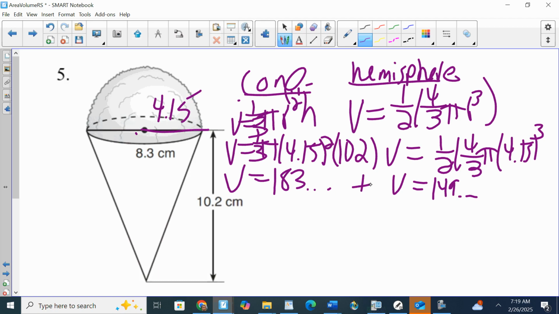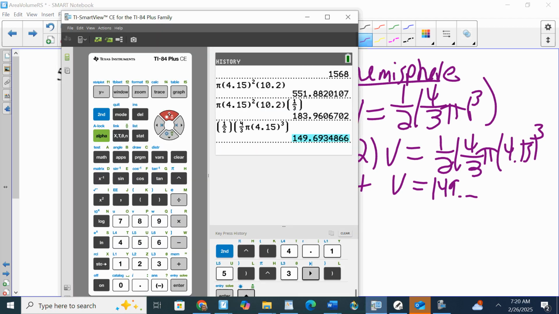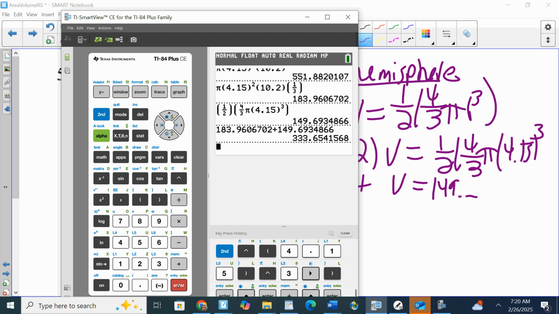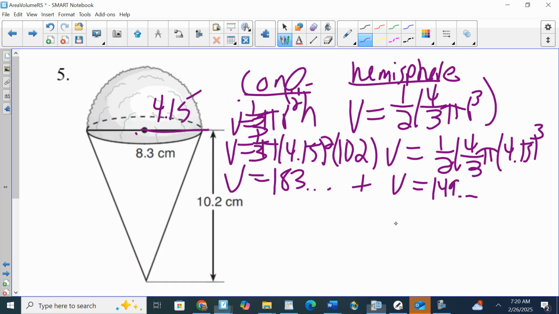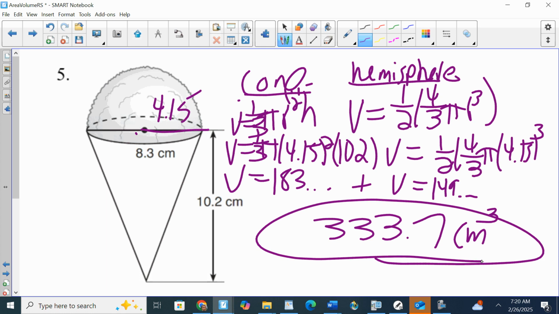Add them together: 183 plus 149. I believe it's said to round to the nearest tenth, so I'm looking at 333.7 cubic centimeters.